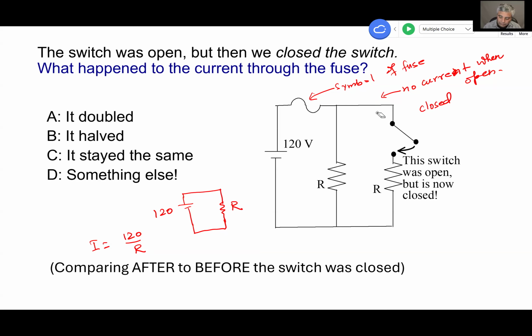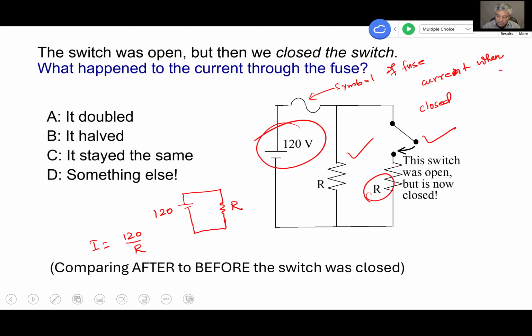Now when closed, then there is going to be current. And this is R. So this and that, both of them are in parallel with 120. Same resistance means same current is going to flow through them, okay? But will that be the same as what we had before or not?